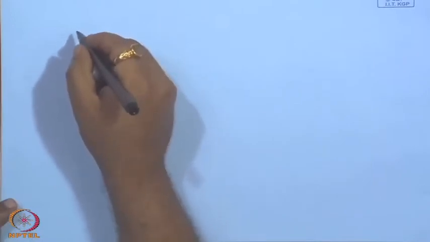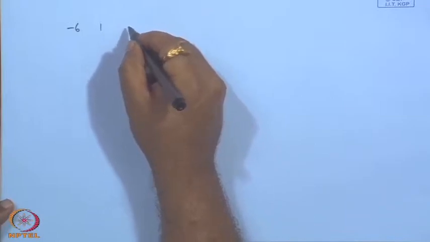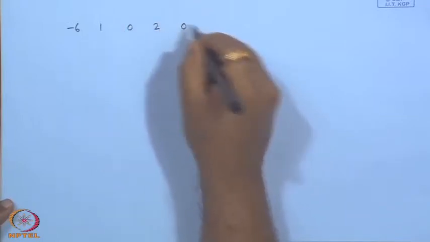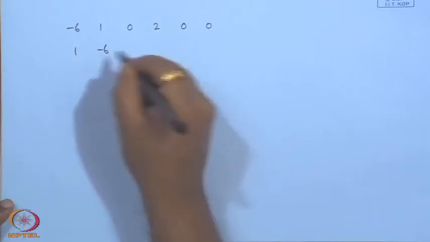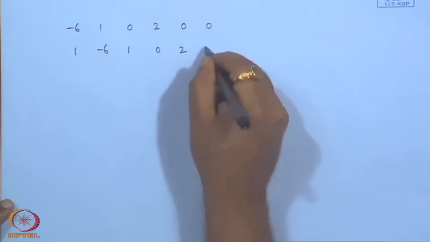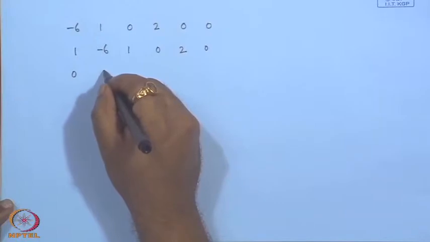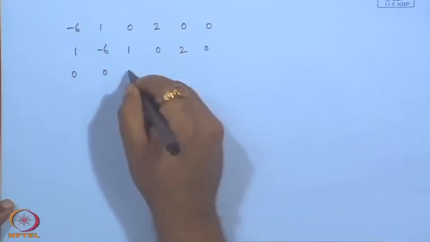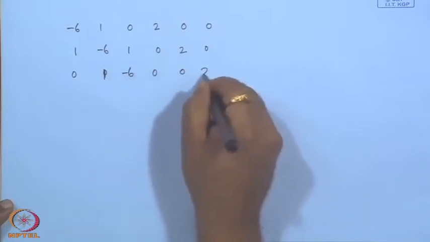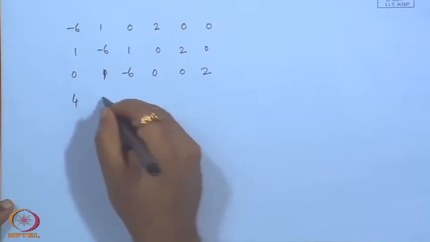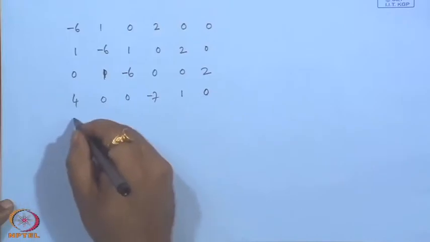a system like this, minus 6 1 0 2, okay. Then 1, 0 1, and so you may verify this because this is just routine.